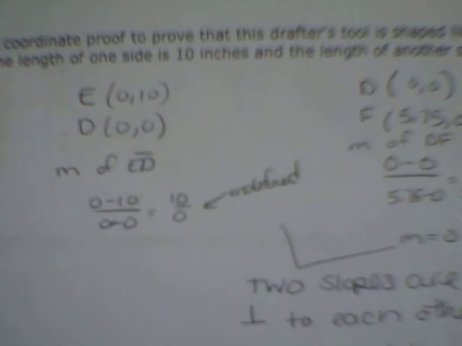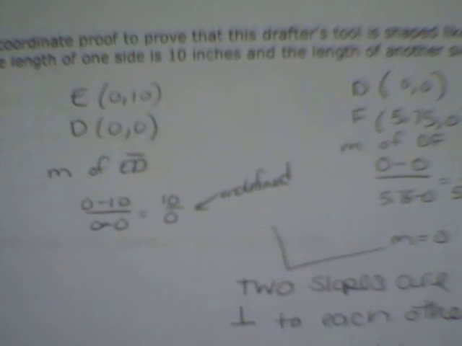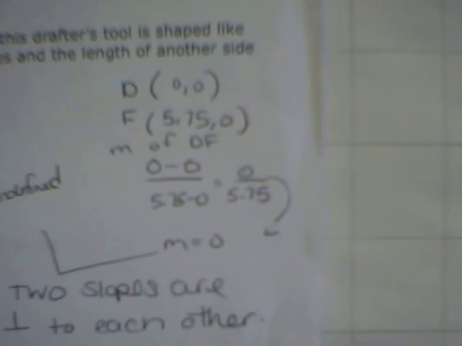That's undefined. I then go over and I'm going to look now at DF. DF, you've got a slope of 0 over 5.75 once we figured that out. So I went 0 minus 0 in the numerator, and 5.75 minus 0 in the denominator when I'm solving.